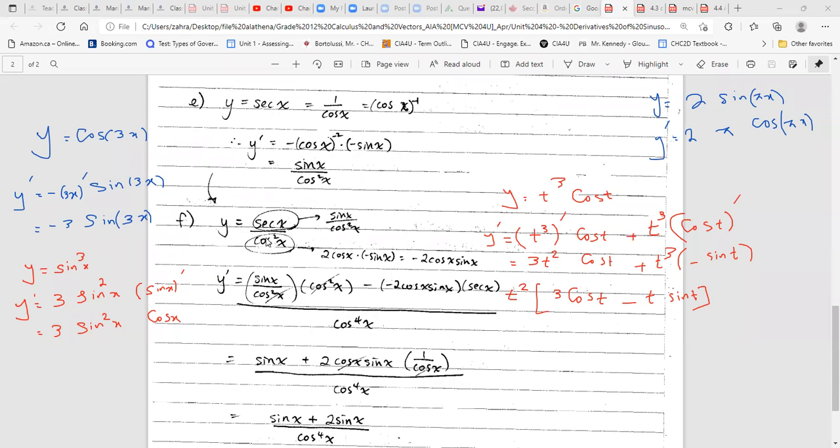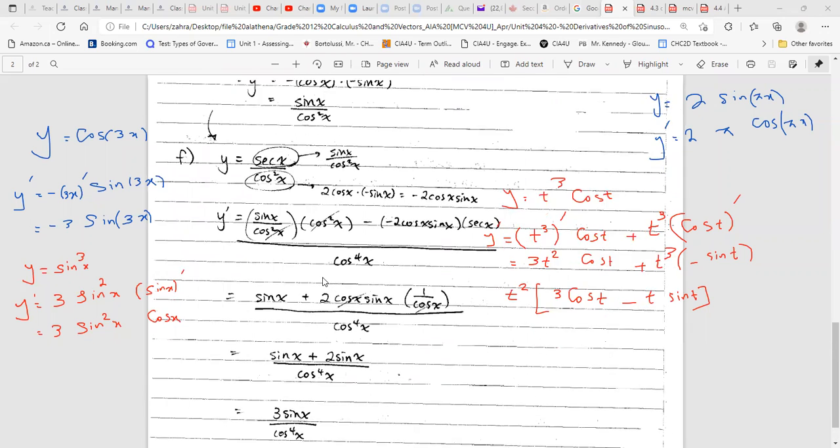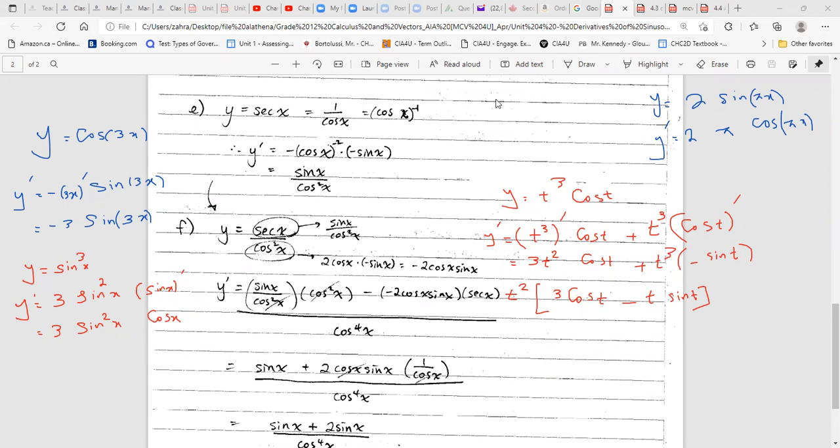Here, secant x divided by cosine power 2 x. So I can do this one differently. I'm going to write it down there. Y is equal to secant x divided by cosine power 2 x. So first of all, secant is what? 1 over cosine, right?